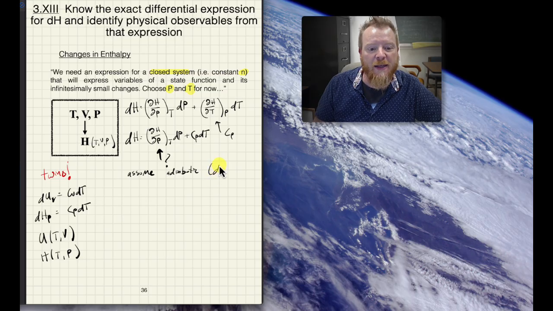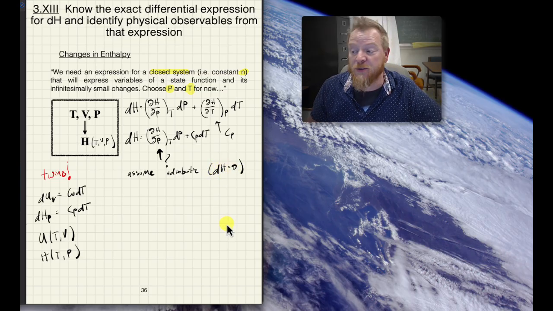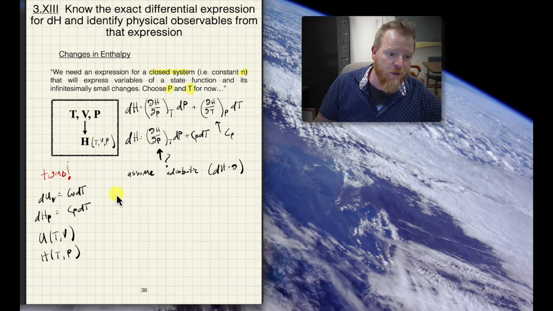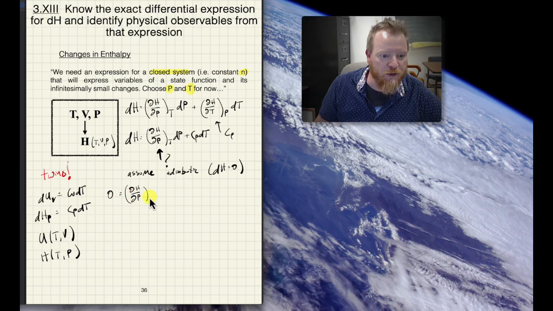And so what that means is we're looking at an isenthalpic situation. So dH equals 0. So now that's 0 on this side, which is the partial of H with respect to P at constant T dP plus Cp dT.